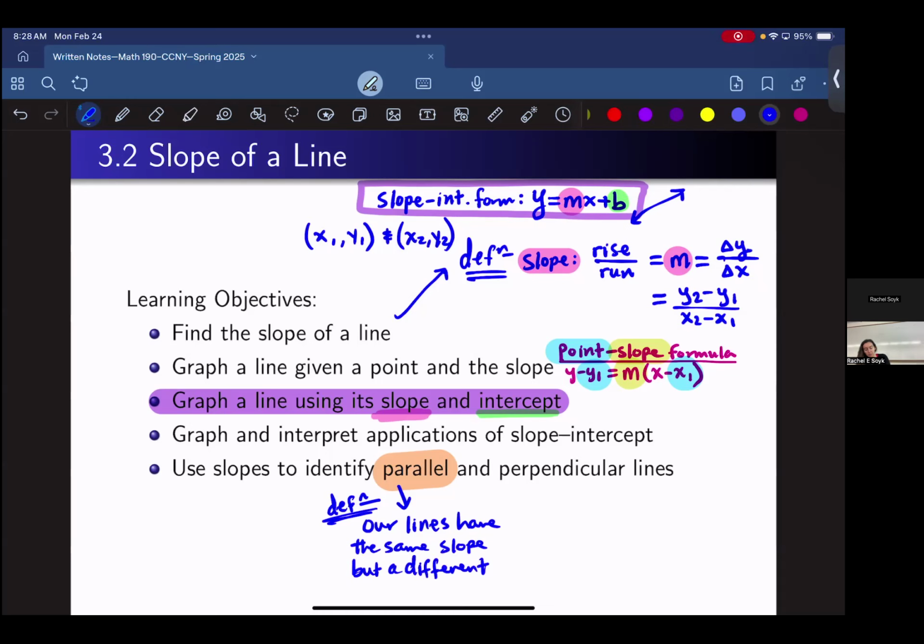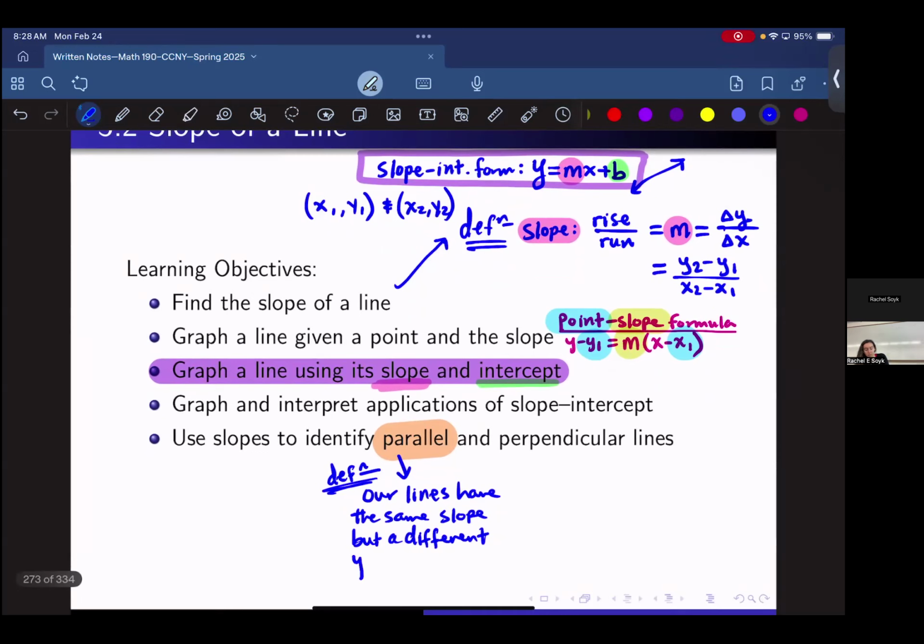And why does it have to be a different y-intercept? Because if they had the same slope and the same y-intercept, then it would just be the same exact line. And if the line is identical, it's not parallel. The definition of parallel is it never touches one another.